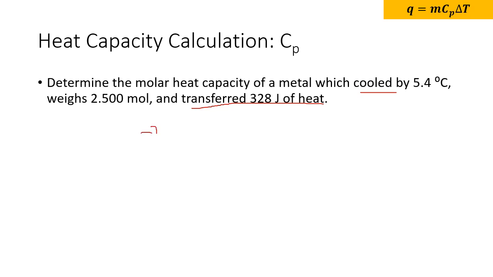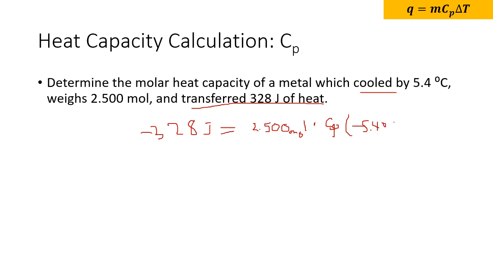So we've got negative 328, and it is specifically in joules. That is equal to 2.500 moles, times our heat capacity, which we don't know, our C sub P, times negative 5.4.